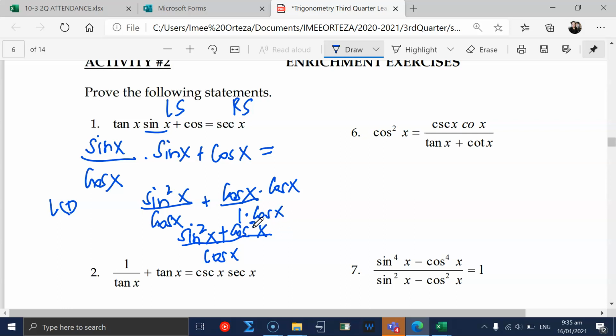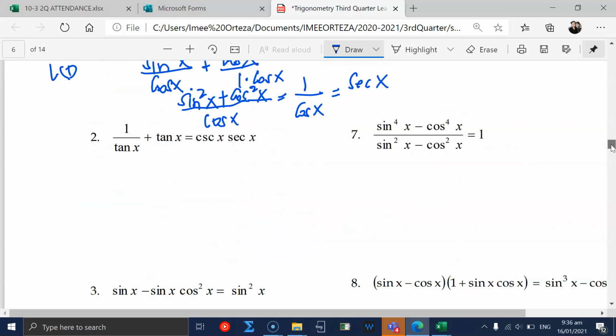Now, notice that the numerator is a Pythagorean identity that is equal to 1 over cosine x. Because the numerator is sine squared plus cosine squared, it is equal to 1. Then, we see that this is a reciprocal identity of secant x, showing you that the left and right side are really equal. So, we shall say that number 1 is an identity. Now, let's move on to the next example.